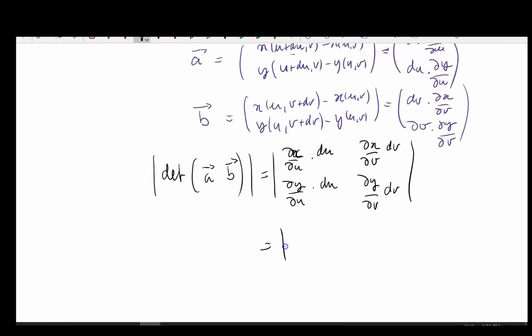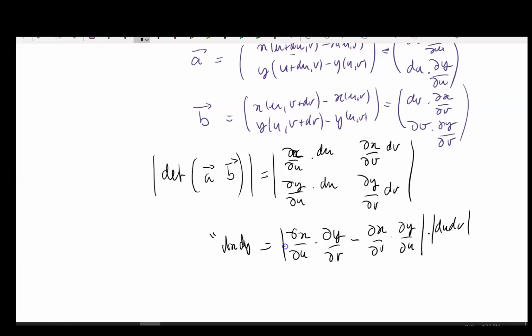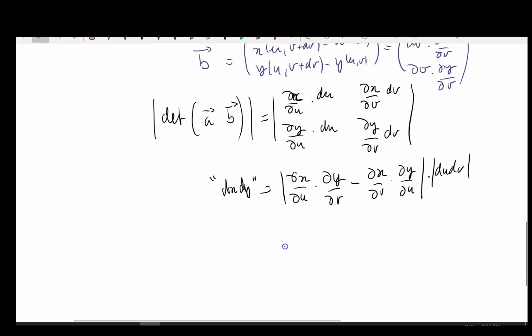I get dx over du times dy over dv, minus dx over dv times dy over du, times du dv. And here we are. That's the relation that you have for the area that should be indicated by dx dy. That's given as du dv times this value.